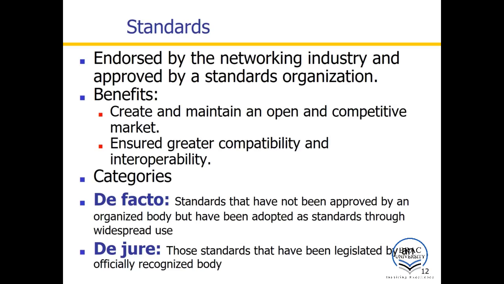And the de jure are the standards that have already been approved by some kind of organization. According to these categories of standards, we are going to have two different models in networking, and we are going to see in our next part what these models are.